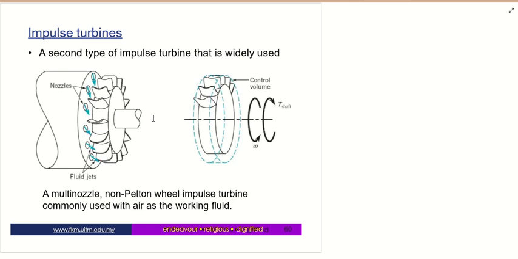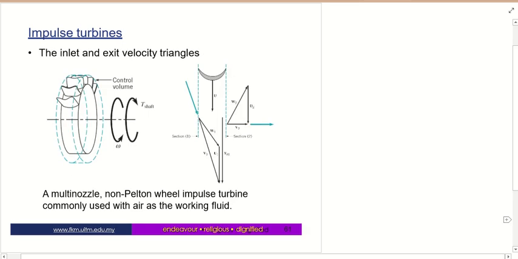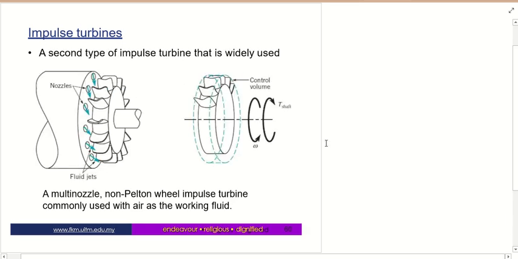Okay, so for this kind of turbine, a series of fluid jets strike the rotating blade, which, as with the Pelton wheel, alters both the direction and magnitude of the absolute velocity.